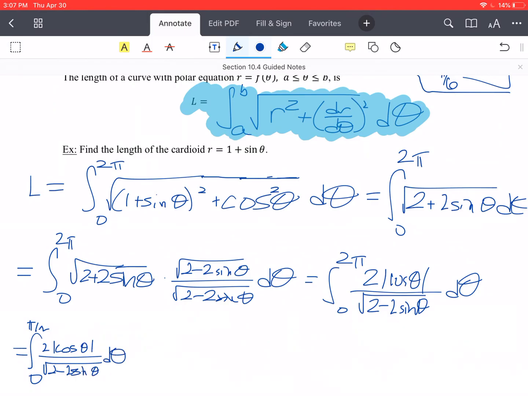Then cosine is negative from pi over 2 to 3 pi over 2. So I'm going to subtract the negative piece in order to make it positive; that's what the absolute value does. So this is going to be pi over 2 up to 3 pi over 2.